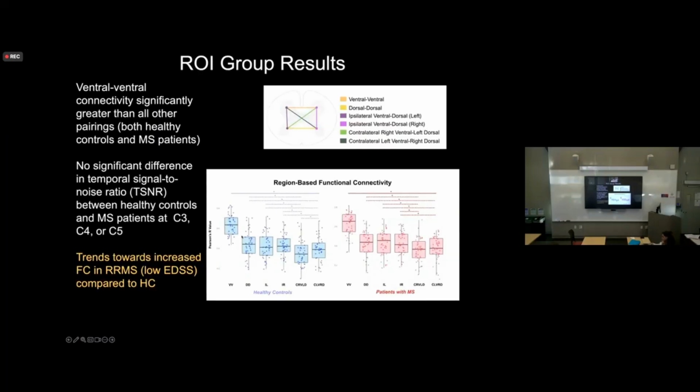And certainly we see ventral-ventral connectivity being a bit stronger than the rest of them, but indeed there are some differences between the connectivity patterns, and there's a trend towards increased functional connectivity in relapsing remitting patients with MS with low EDSS, and I'll show you that in just one second.